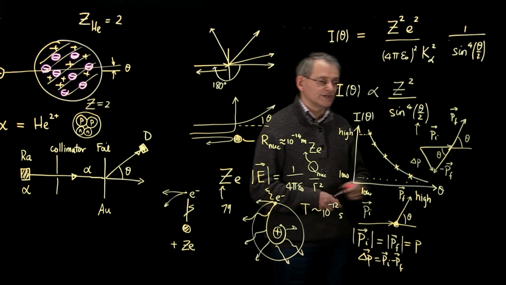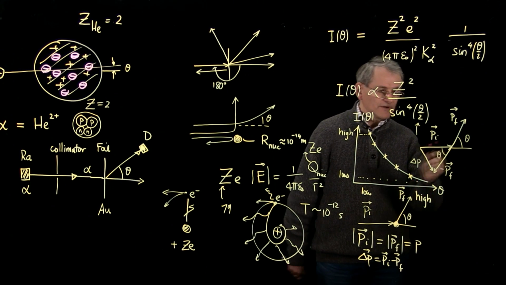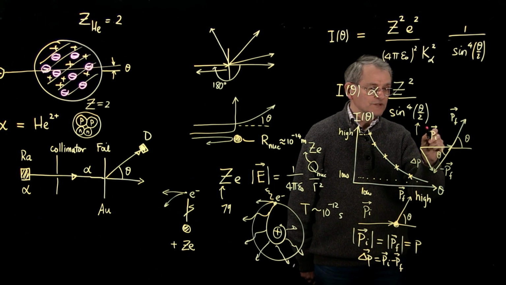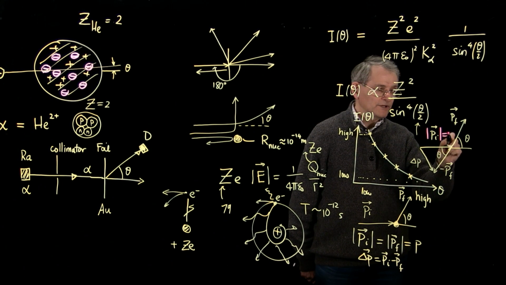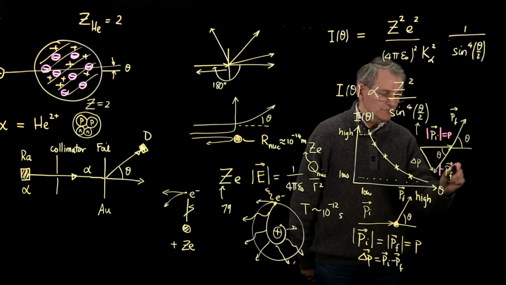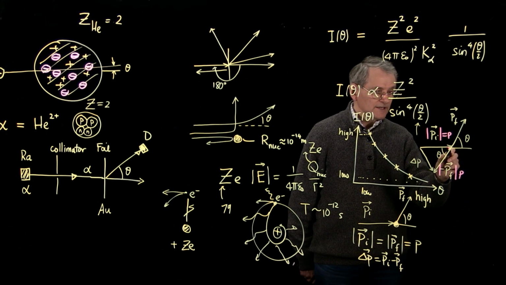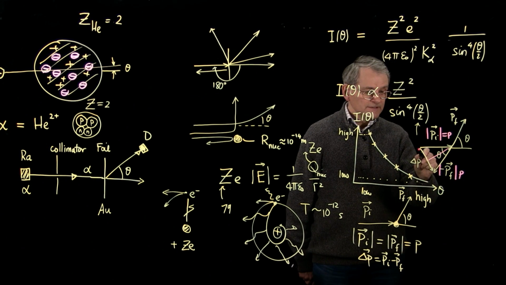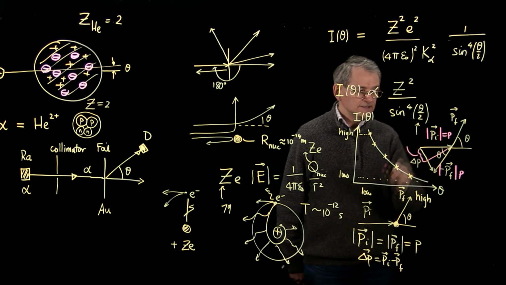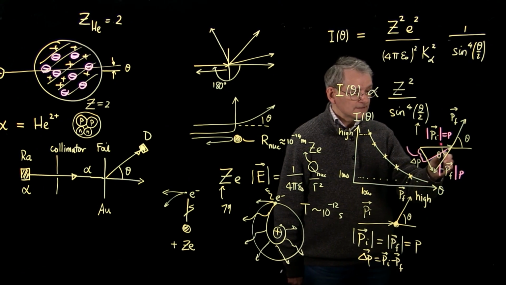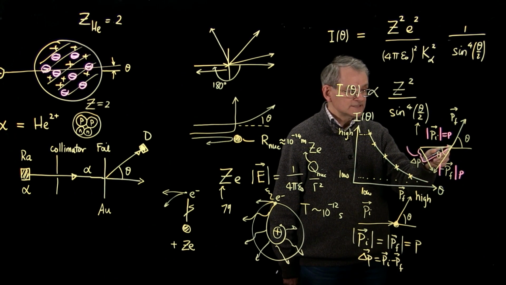You can also see that if I call the magnitude of this P and the magnitude of this P, and I bisect this angle, then this distance here is none other than P sine of this angle.